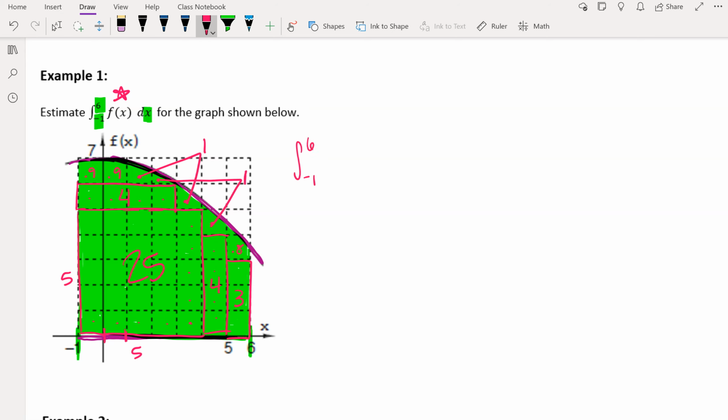So the integral from -1 to 6 of f of x with respect to x is approximately, we're estimating this integral, 25, the area we're adding up, plus 4 plus 4, plus 3, plus 1 plus 1, plus 0.9 plus 0.9 plus 0.8.